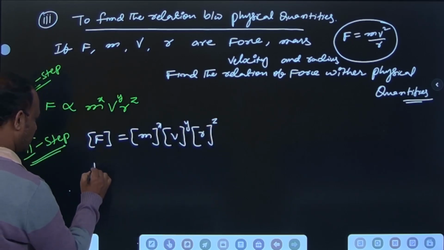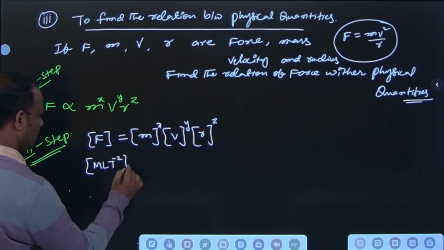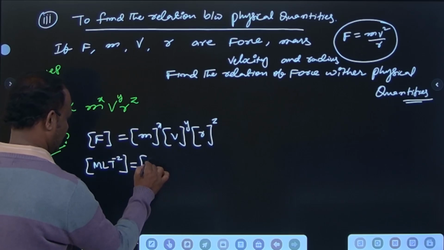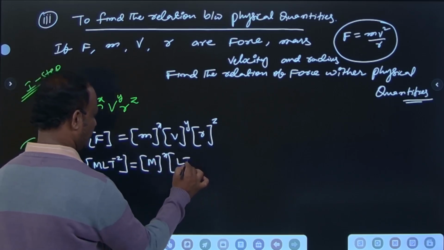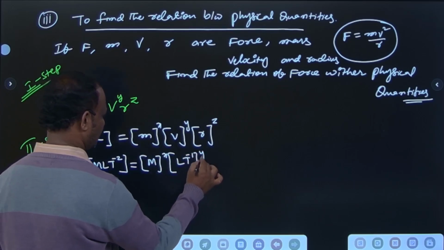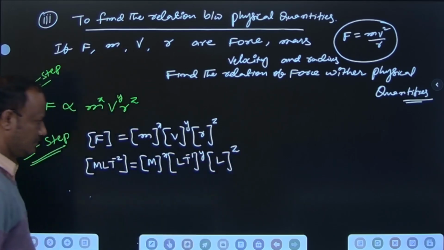F is MLT minus 2. The dimensional formula of mass is capital M to the power of x. Velocity is LT inverse to the power of y. R is L to the power of z.